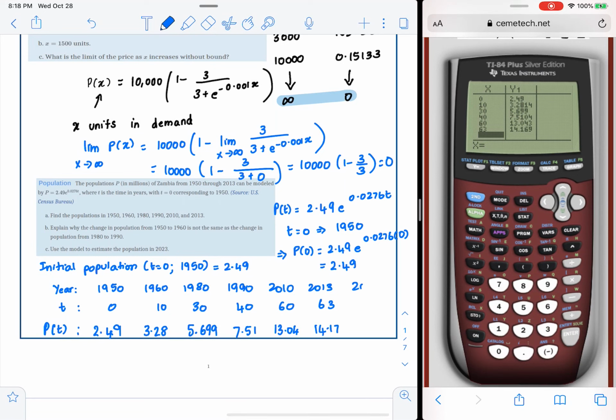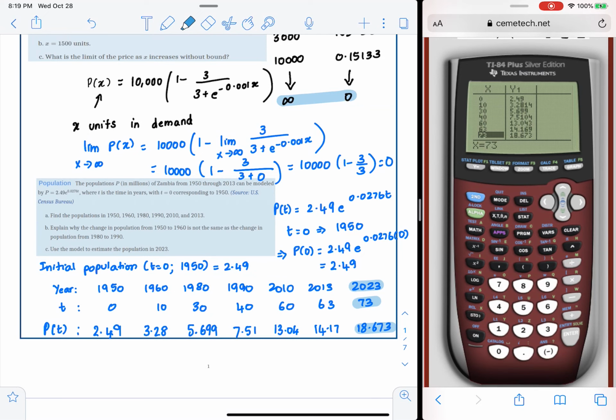The year 2023, which is in part C, would correspond to 73. And if I plug in 73, we get 18.673. So the population in the year 2023 would be 18.673 million.